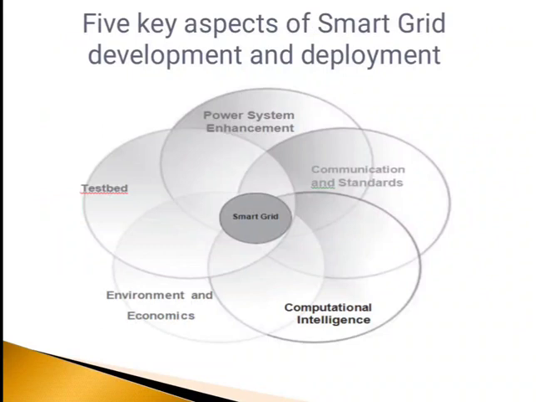This toolbox includes evolutionary programming, decision support tools, and some optimization techniques. Communication is very much required here. So computational intelligence describes the advanced analytical tools needed to optimize the bulk power network.